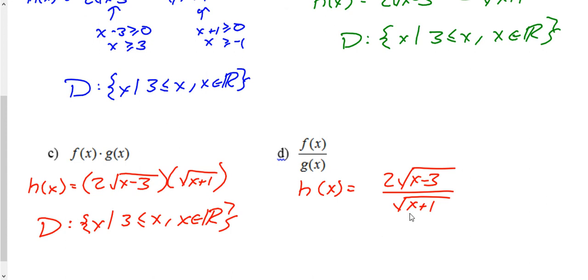Again, domains can be still the same thing. You don't want our denominator to equal 0, and it still has a restriction, same restriction by the way, of x such that x has to be greater than or equal to 3. And there we have it.